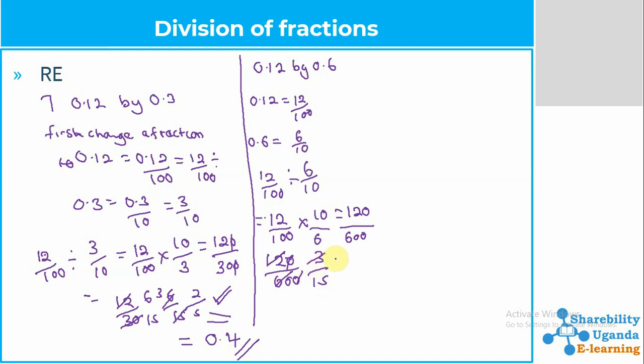So this simply means that we have 1 out of 5, which is equal to, what is 1 divided by 5? 0.2. So this is our answer.